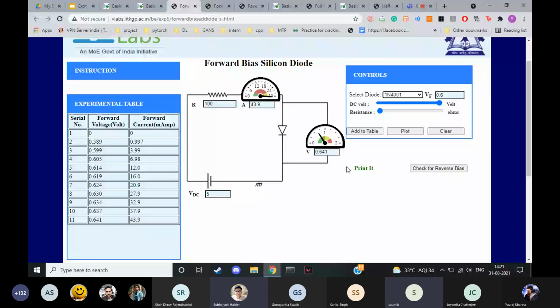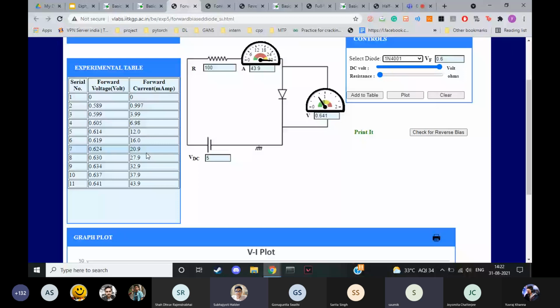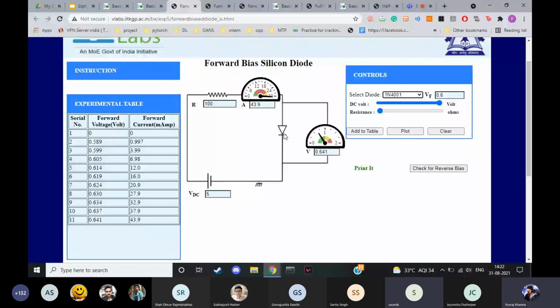One screenshot of the entire table is perfectly fine, but try to have the table and the plot in two different screenshots, because otherwise the values and the plot will be very small and you have to minimize the screen a lot. So try to have one screenshot for the table and the circuit, and another screenshot for the plot.